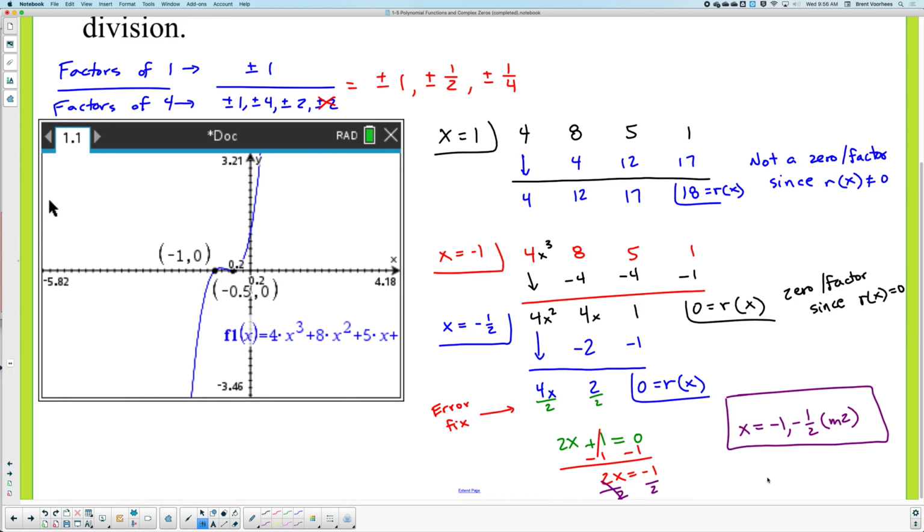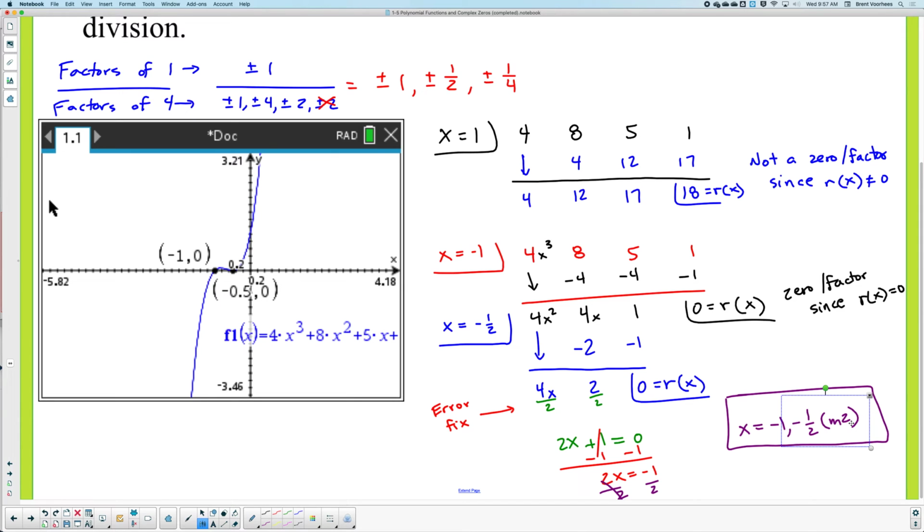You could have anything under the sun. M2 means it happens twice. Not 3 times, not 4 times. We had -1/2 right there, and we have -1/2 right there. How many -1/2s do we have? 2. That's why we put M2. If we had it 3 times, we would have put M3.